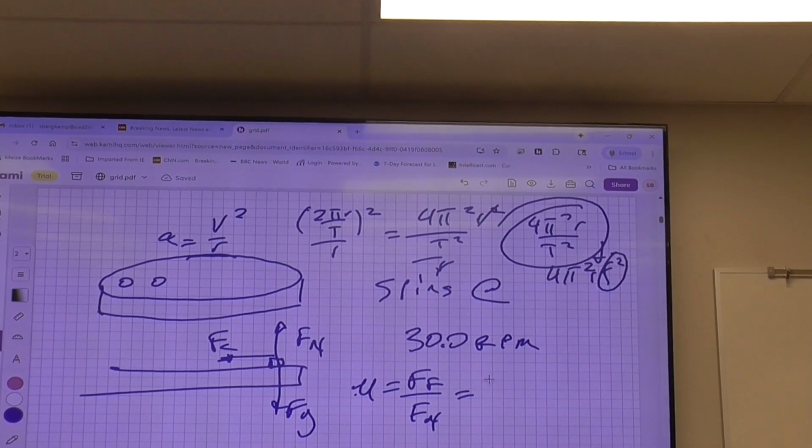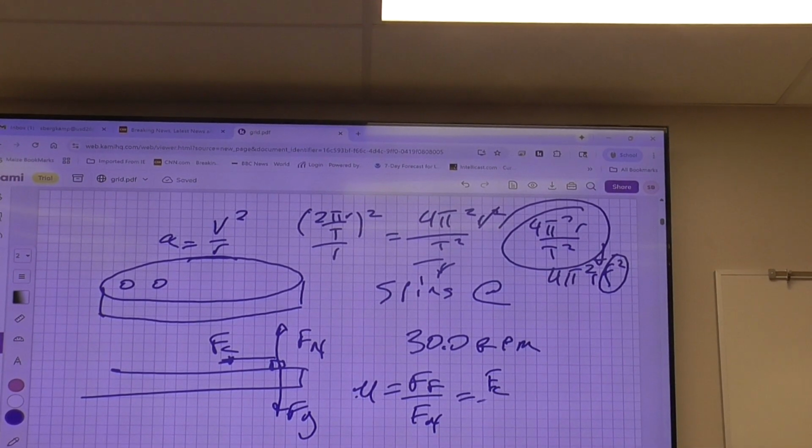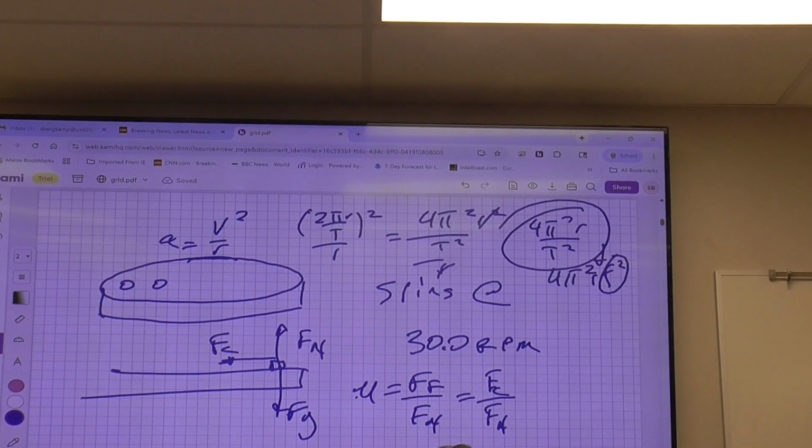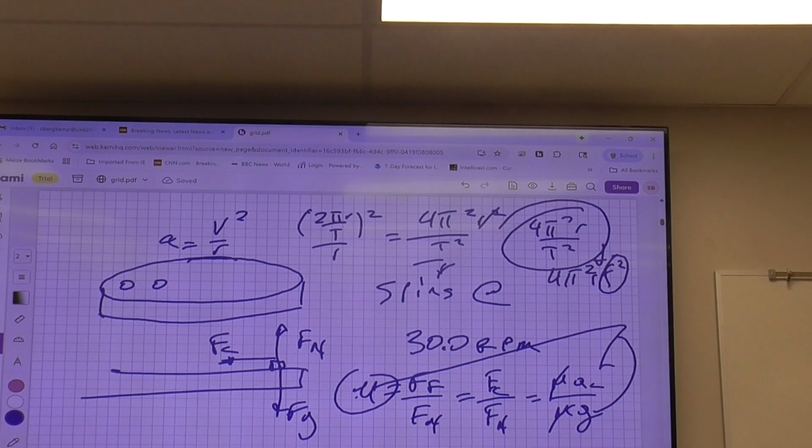So I can substitute centripetal force in for force friction, because that's what it's creating. That's mass times centripetal acceleration, over mg. So you can look at mu as a ratio of centripetal acceleration to gravitational acceleration.